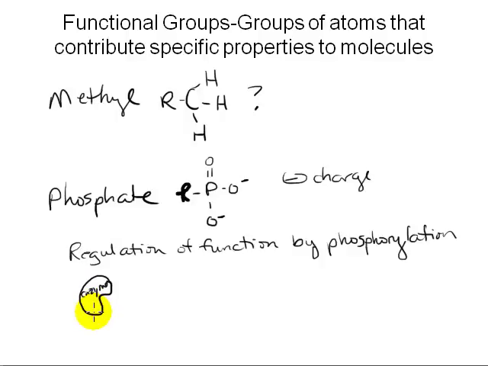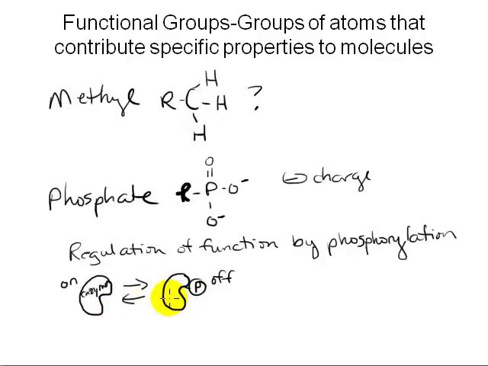But the cell only needs for that to happen under particular conditions. Well, the cell can use other proteins to add a phosphate group to this enzyme, and that's called phosphorylation. And this can be used as a type of molecular switch to turn the protein's function on or off. And we see this a lot in biology. This is a very, very commonly used regulatory mechanism.